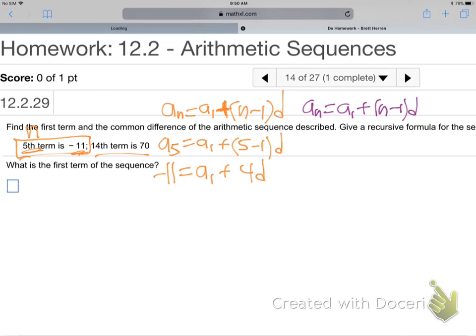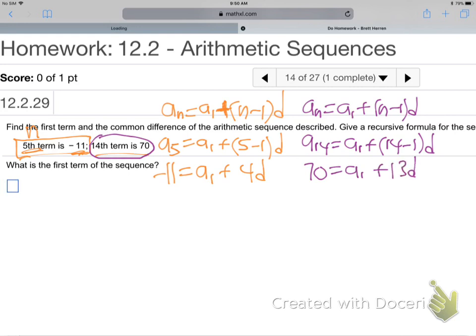So then 14th term is 70. Is 14. We get to there.